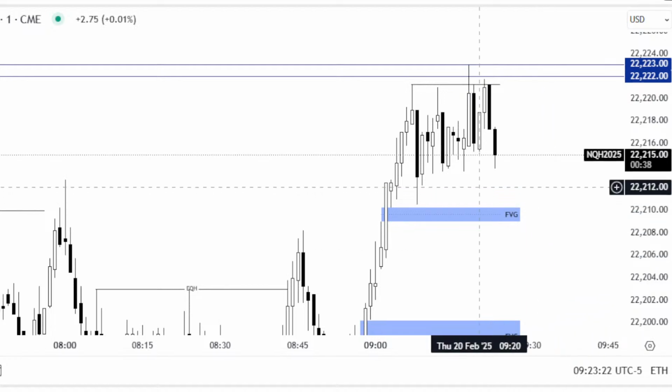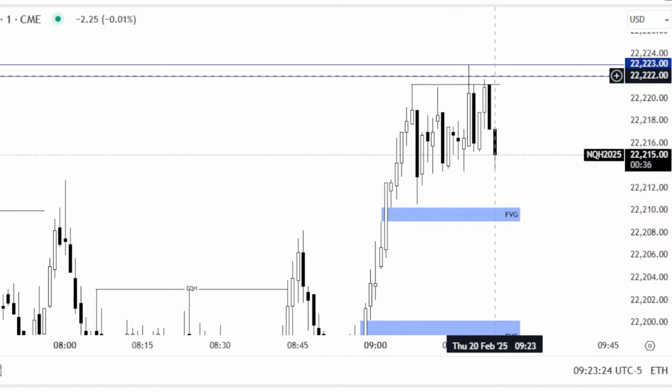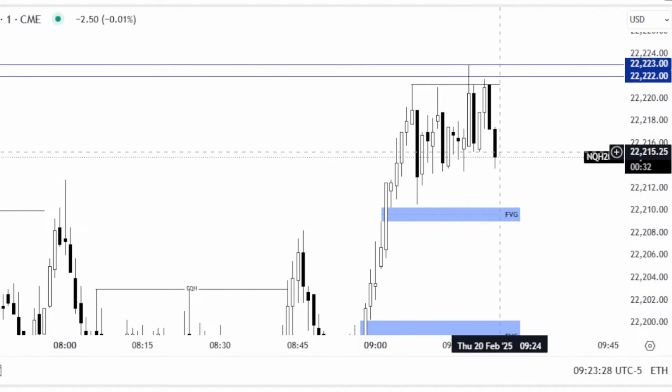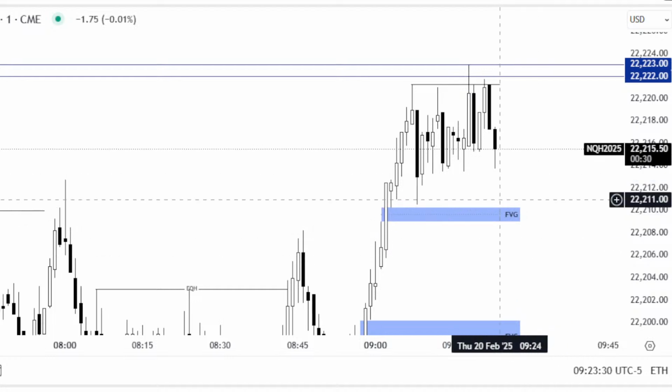Okay, so let's see what this candle does here, because there's a swing high, and let's see if we want to go and invert something down here.